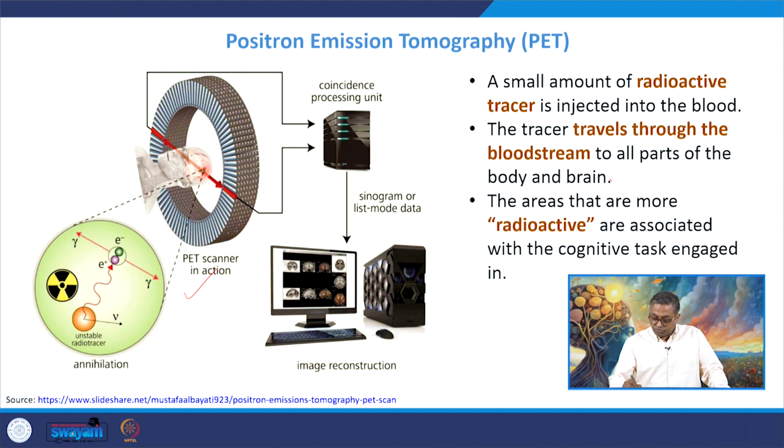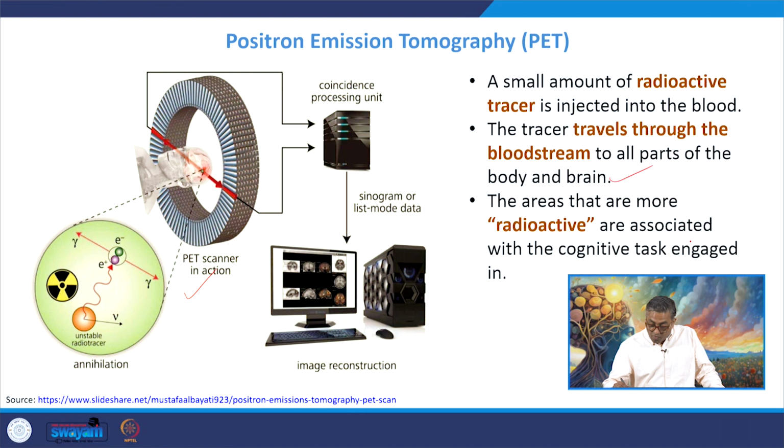The tracer travels through the bloodstream to all parts of the body and the brain, so it is not very localized. If you are giving 100 milligrams of radioactive tracer, then because of the bloodstream it is going to be present in the entire body. It is not very localized, unlike the EEG and MEG systems, which only receive the electrical signal from the brain rather than from the entire body.